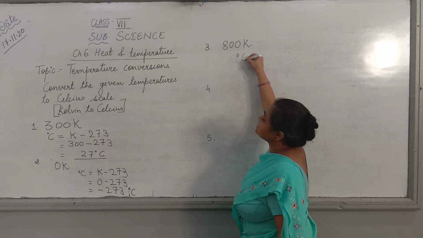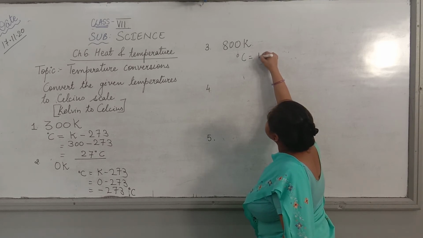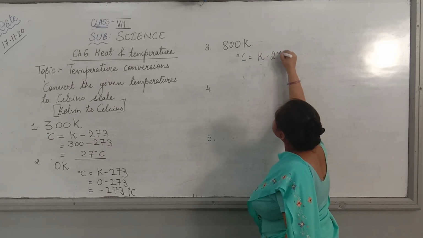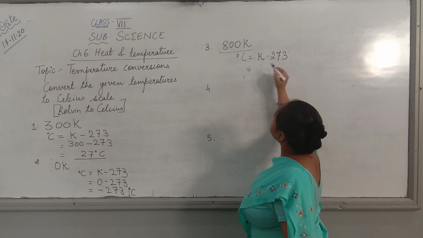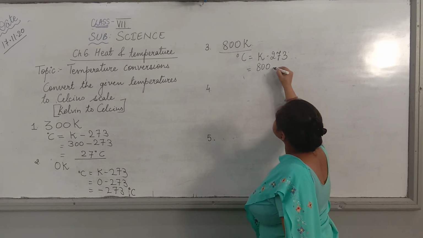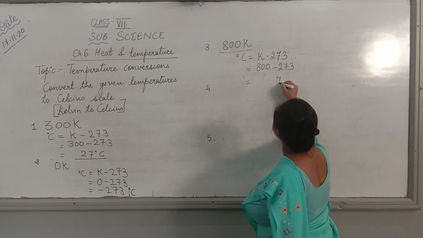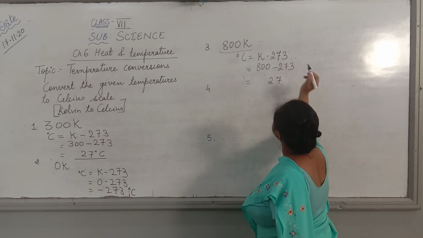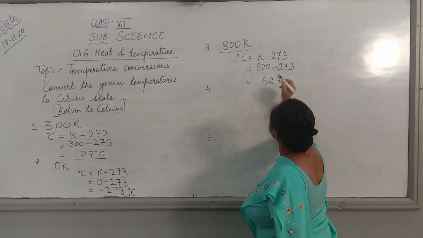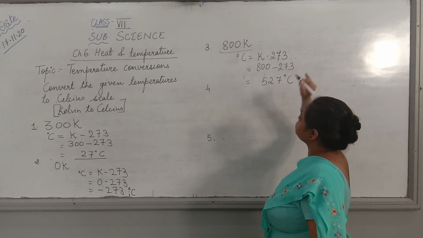Again, degree Celsius is equal to K minus 273. So, given temperature in Kelvin is 800. Subtract 273 from it. You will get here 7. 9 minus 7 is 2. And 7 minus 2 is 5. So, 527 degree Celsius.